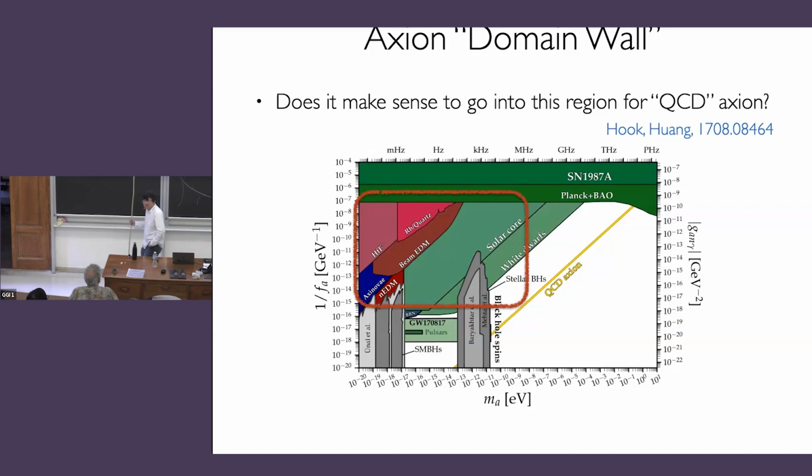I don't think that's the case. No. There are some weird things which happen inside the domain wall. If you have a QCD axion domain wall at theta equal to pi, you will also get a pion domain wall there.